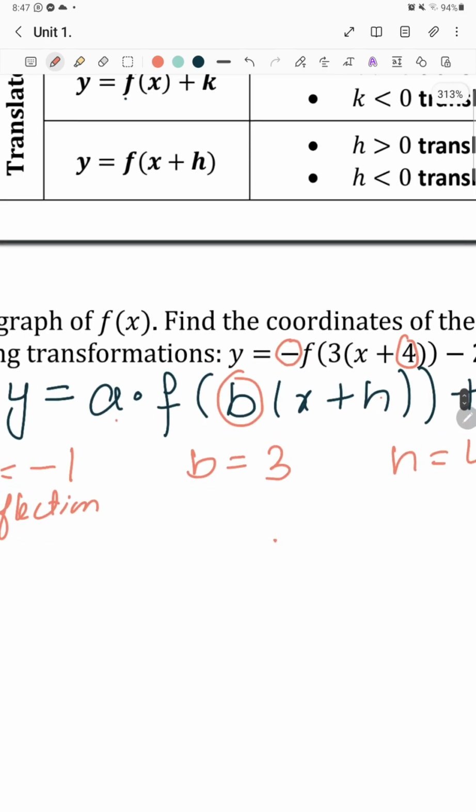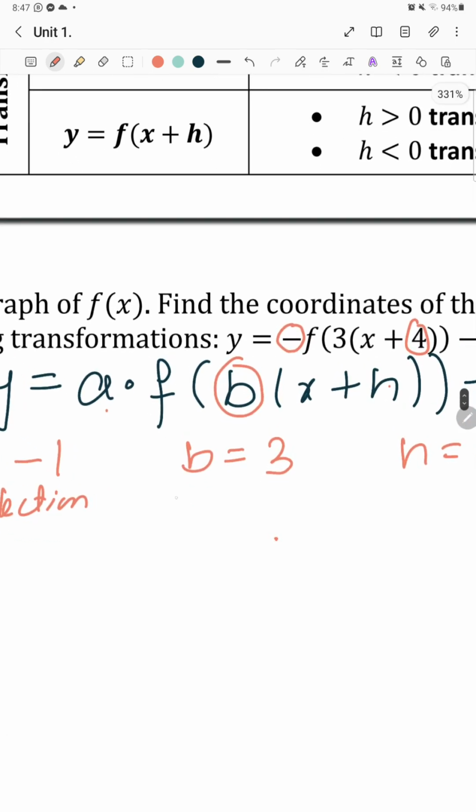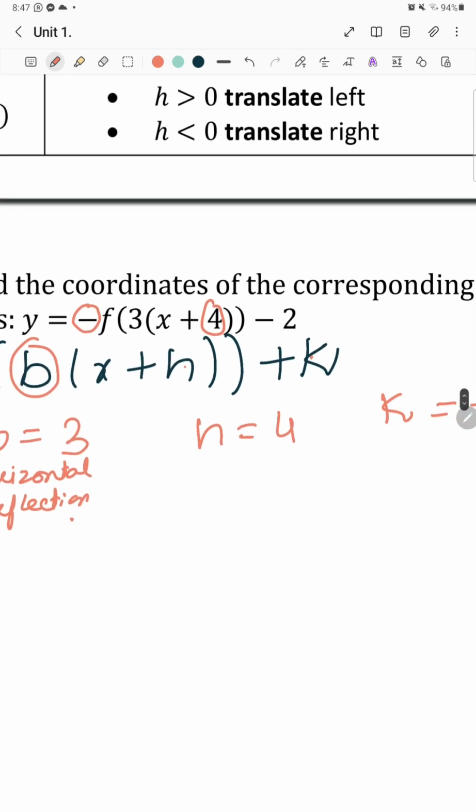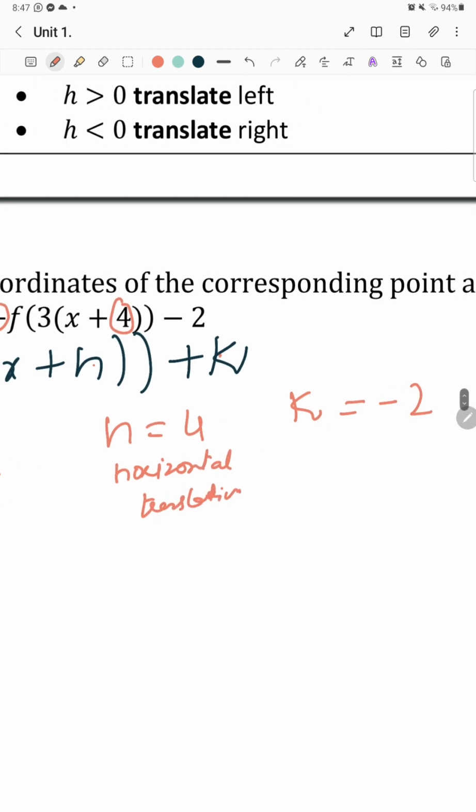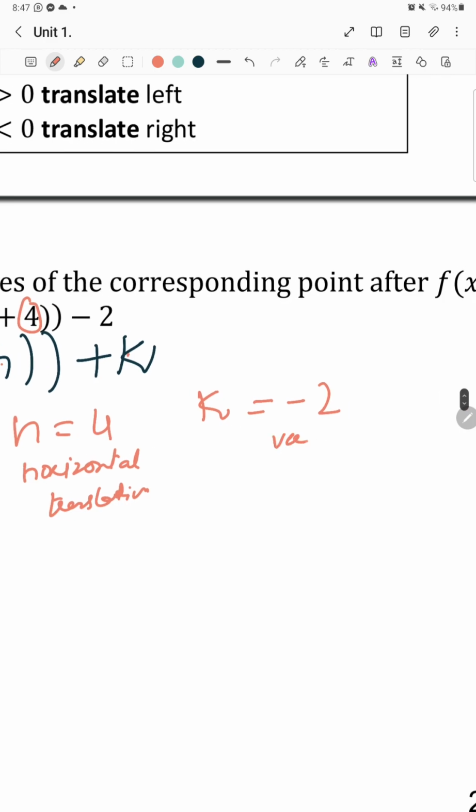B means horizontal reflection. H means horizontal translation. And K means vertical translation.